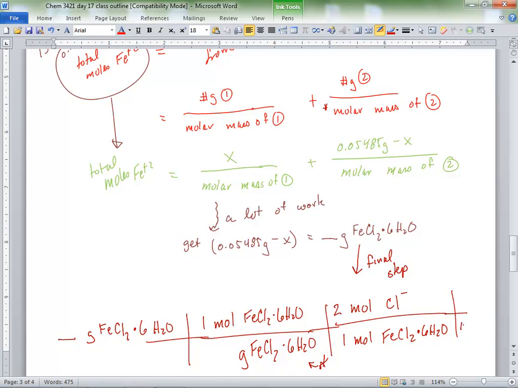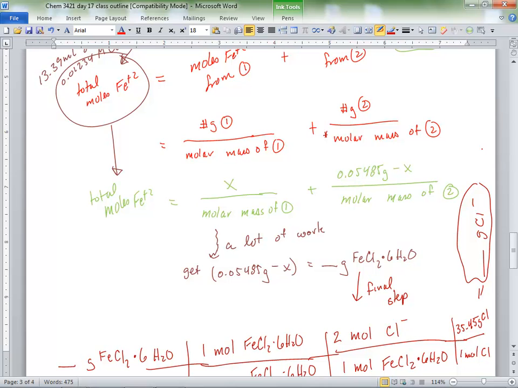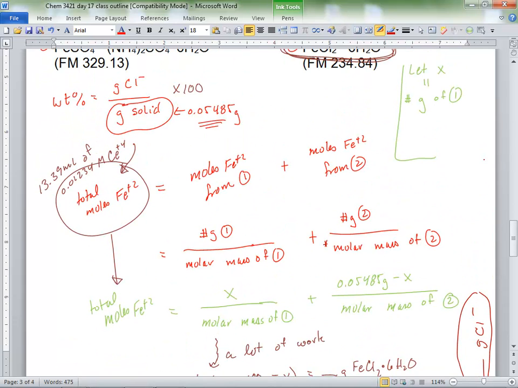And then the molar mass of chloride, and that will be your grams of chloride. And that's what you finally put in way up at the top.